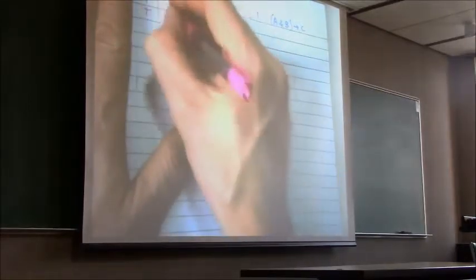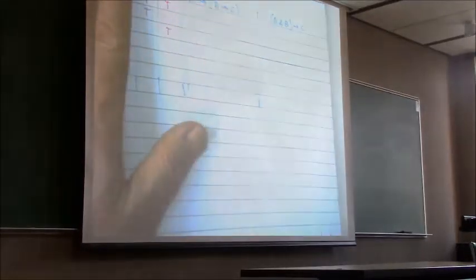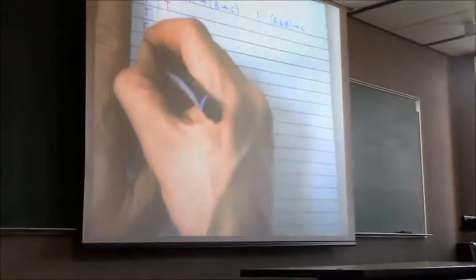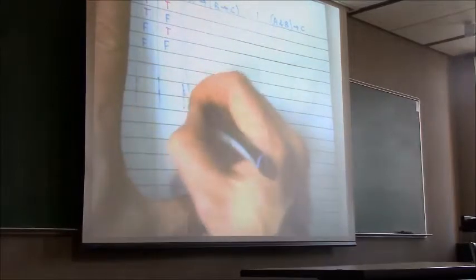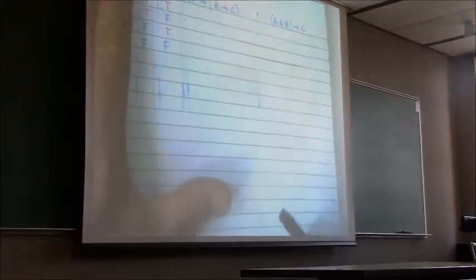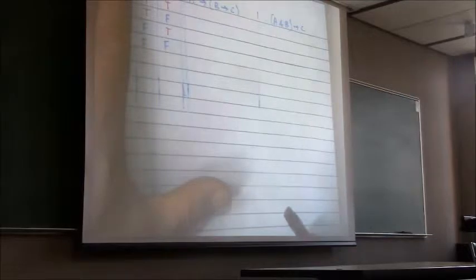Well, I'll show you. Imagine that we just had B and C. Well, we know how to do that. That's like true, true, false, false, true, false, true, false, like this. And you would only need 4 rows, right? That's what happens when you have 2 letters. We're used to that.